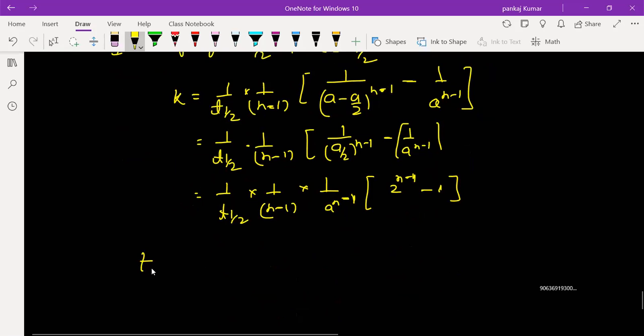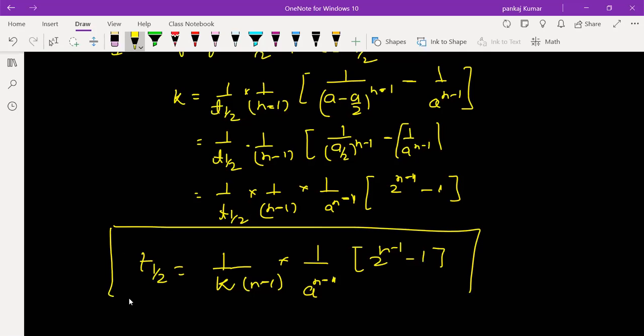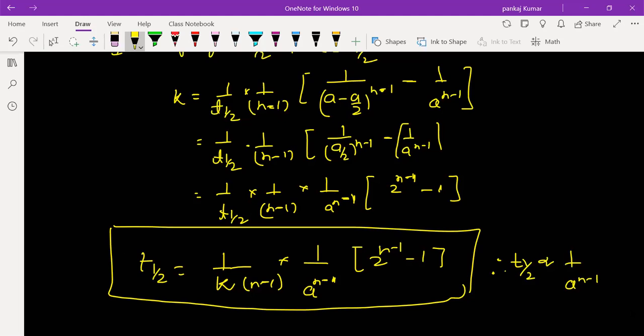So we can write here t 1 by 2 is equal to 1 by k n minus 1. The whole will be again 1 by, this will be also 1 by a to the power n minus 1, and this is n minus 1 minus 1. Or simplify, we can say t 1 by 2 is proportional to a to the power 1 minus n.